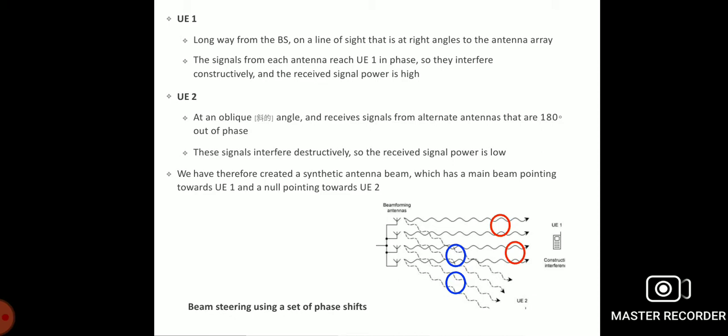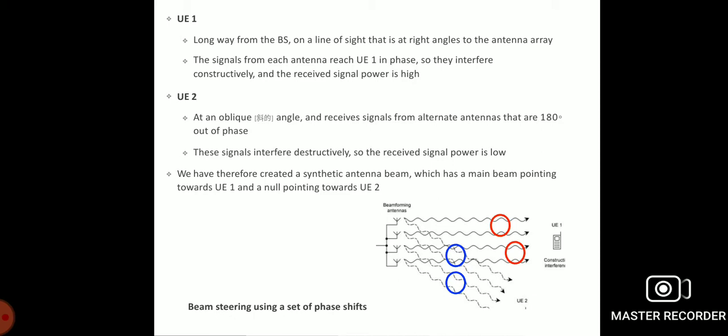These signals interfere destructively, so the received signal power is low. We have therefore created a synthetic antenna beam which has a main beam pointing towards user 1 and a null pointing towards user 2. So this is done using a set of phase shifts in the beam steering.